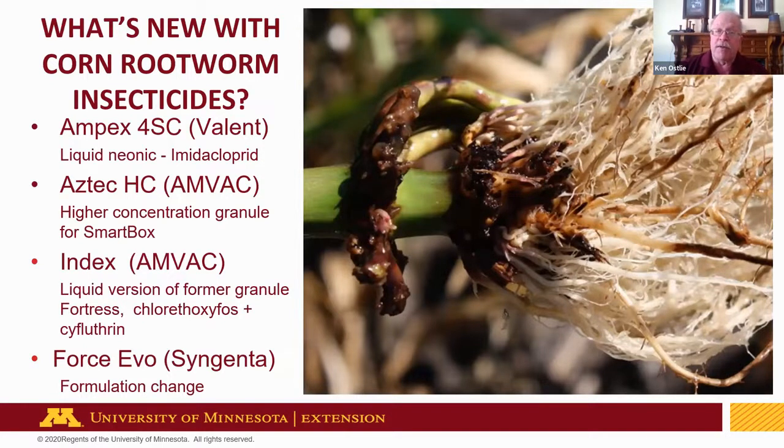But there are several new products out there, relatively new. There's Force Evo, which is just a formulation change, and Force Index is a mixture of organophosphate with a pyrethroid. So it's kind of a liquid version of a former granule. And then you have a new high concentration Aztec granule out there, and one that may be registered this year.